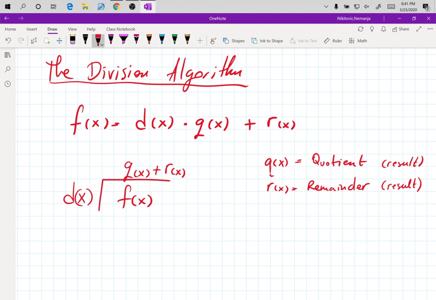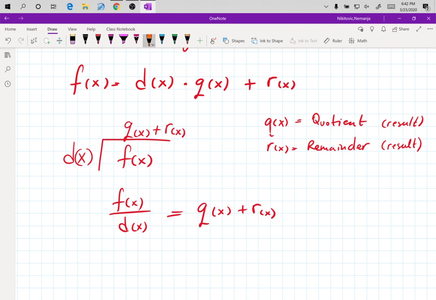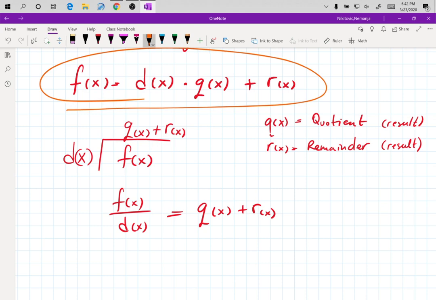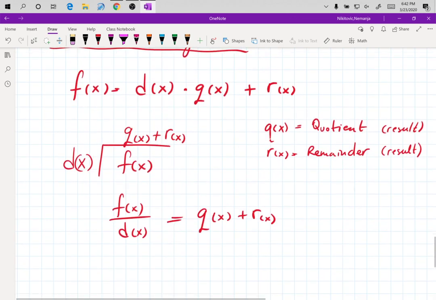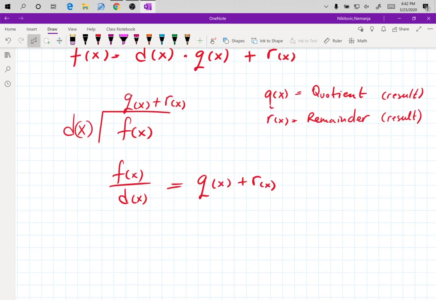If you divide f of x by the divisor, you will get q of x plus the remainder. To check, you would use this, because we multiplied those two first, and then we flat out added the remainder, and that's how we checked. So that was the division algorithm, which is exactly the same as if you have numbers.